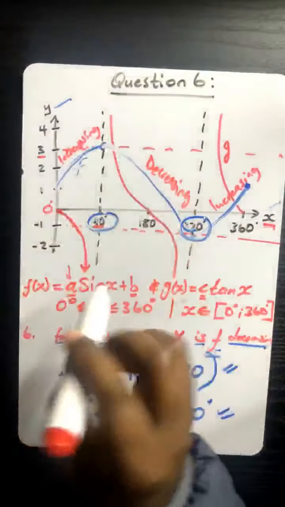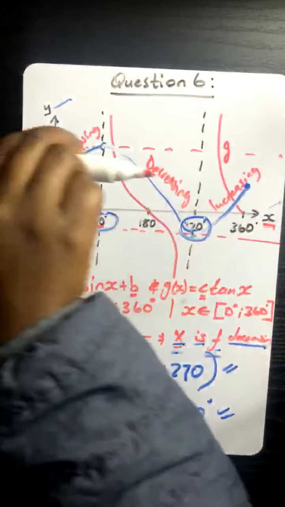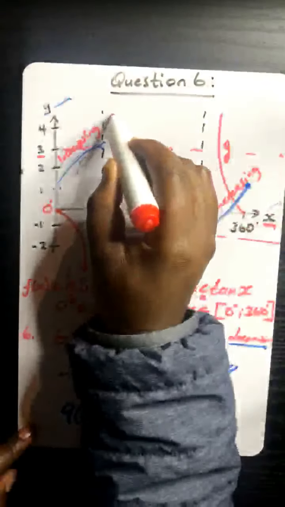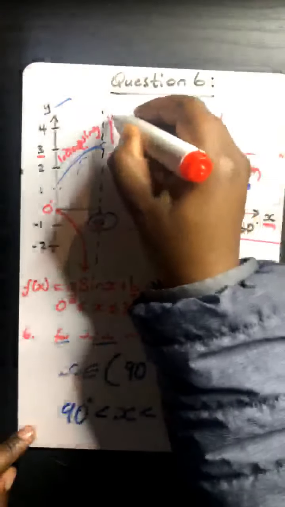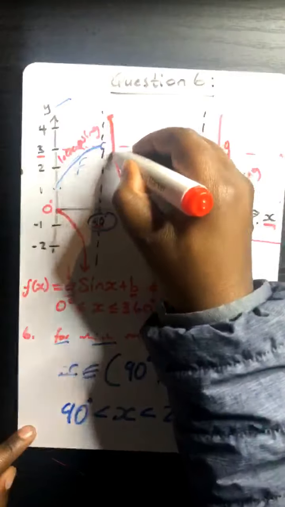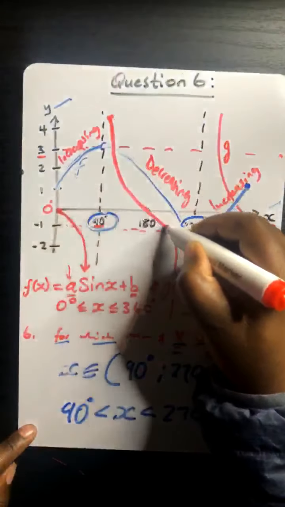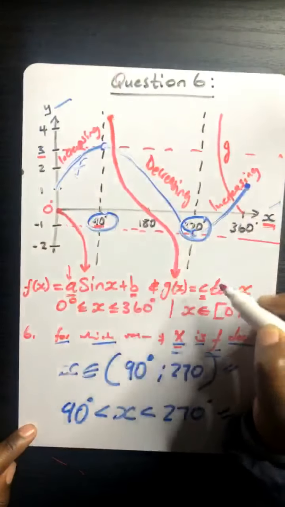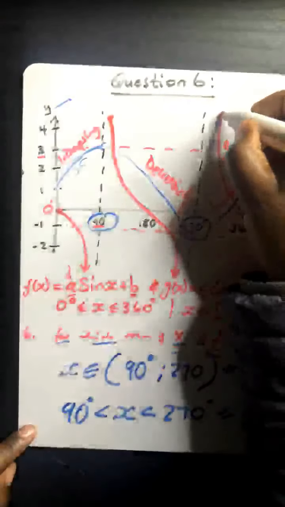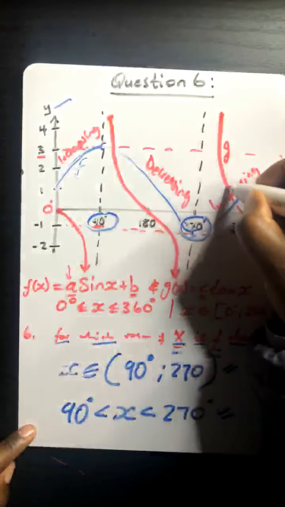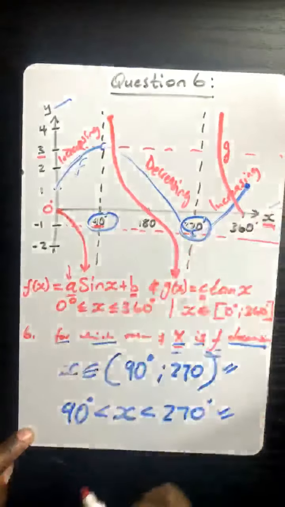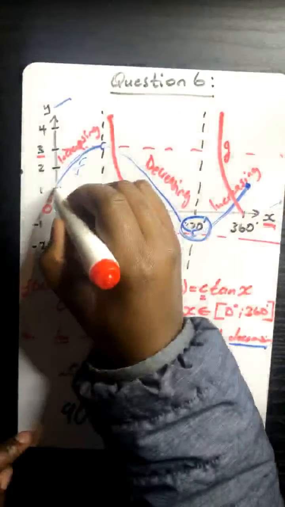You always start from this side to that side. So we will start from there going in this direction, decreasing. And then this one also decreasing. But this one increasing.